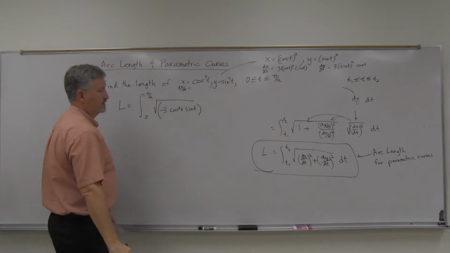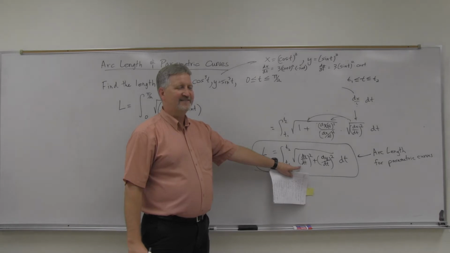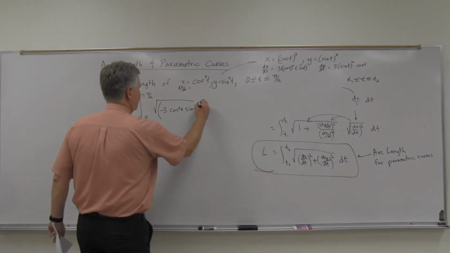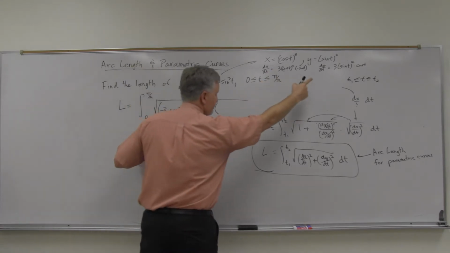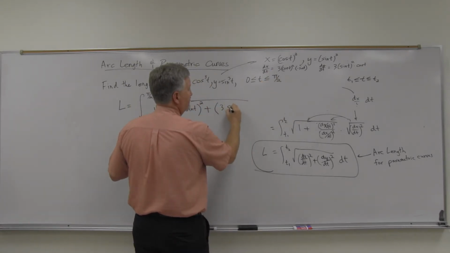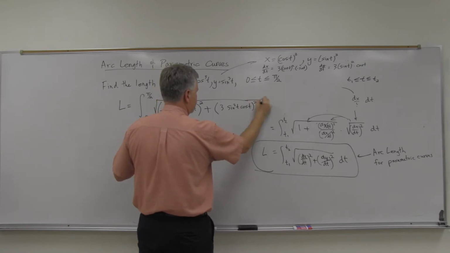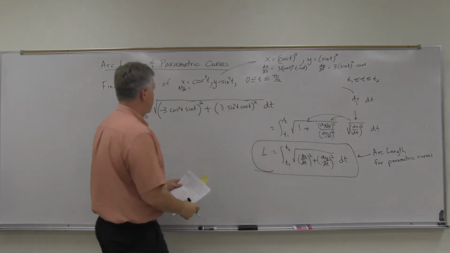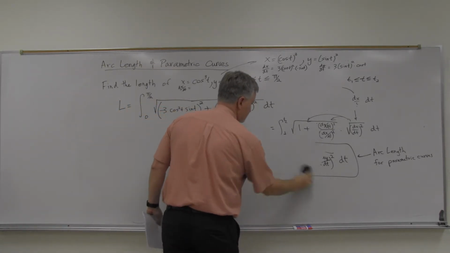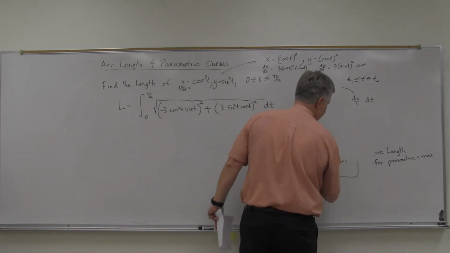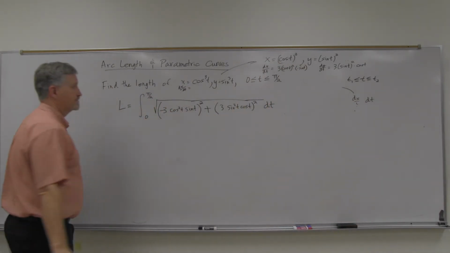But it's not only dx over dt, it's dx over dt squared, so you have to square that, plus that derivative squared, so it'd be 3 sine squared t cosine t, squared, which may look bad now, but actually turns out pretty good. Is that okay?